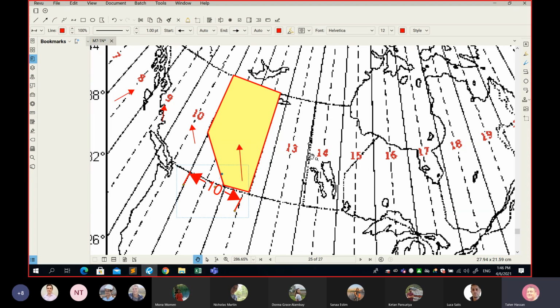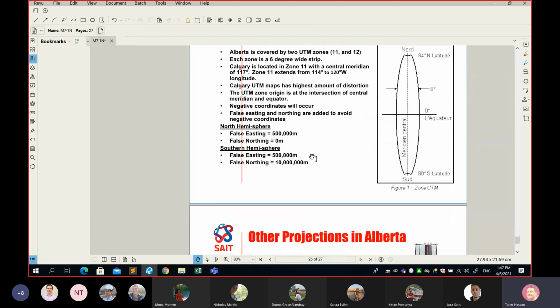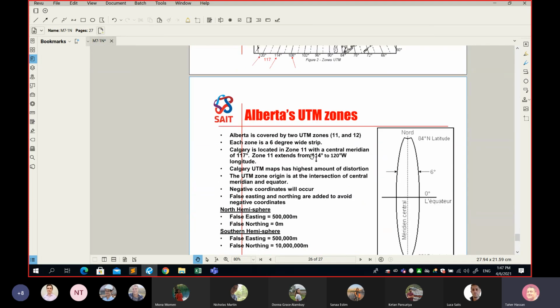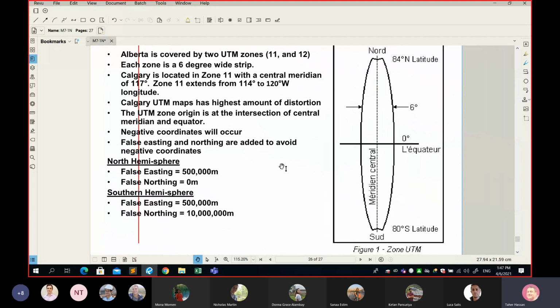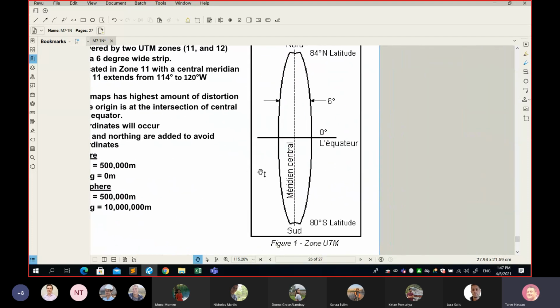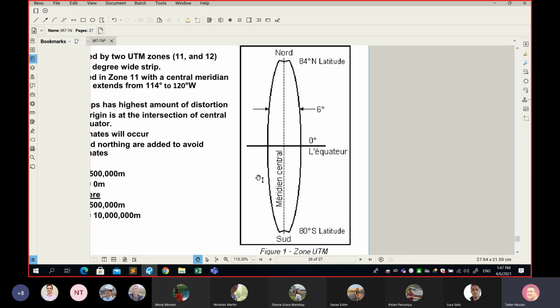Now, last part. I know that this is super heavy. The last part is something called false easting and false northing. Let me explain what it means.